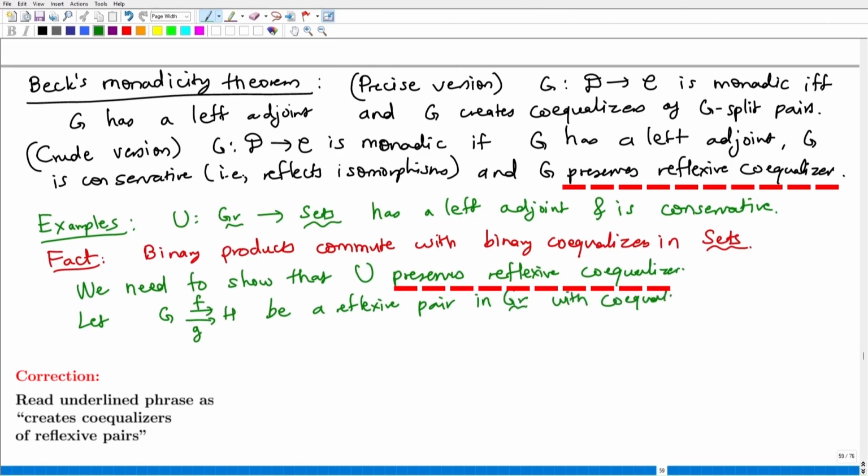Coequalizers do exist, we know that. The category of groups is complete and cocomplete. With coequalizer h from H to K, let's call it little h, in sets.